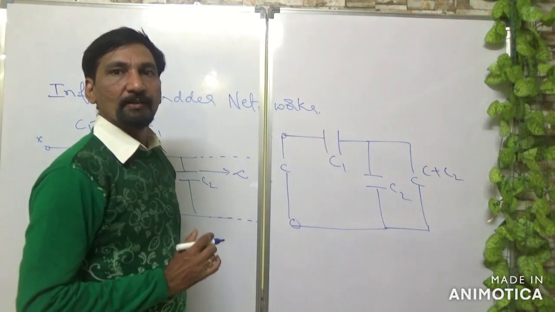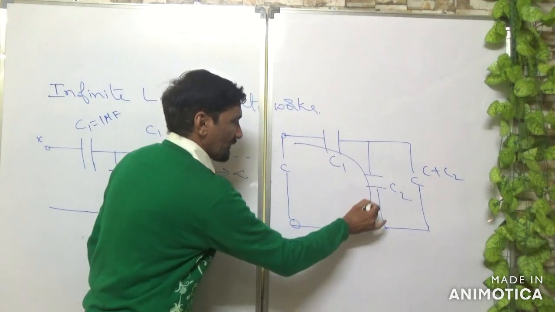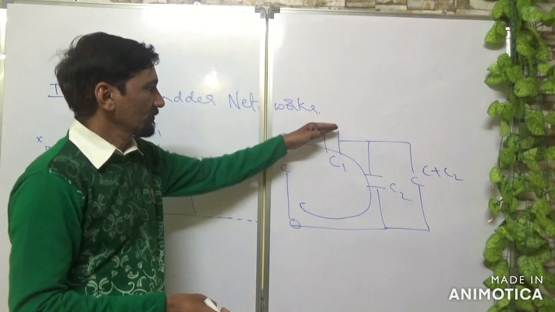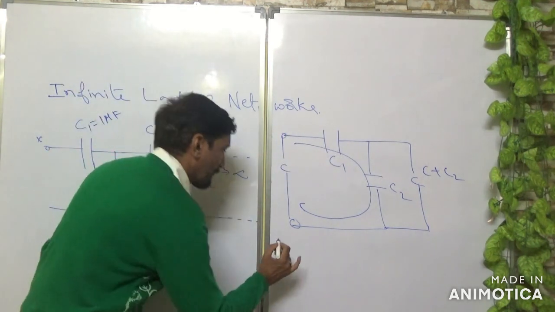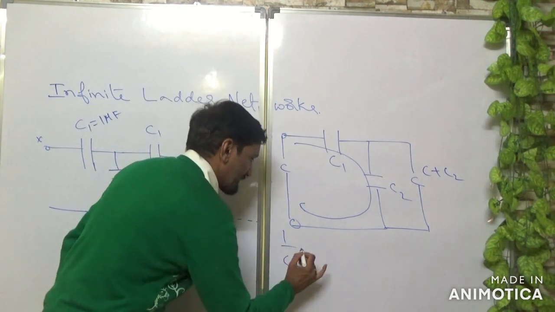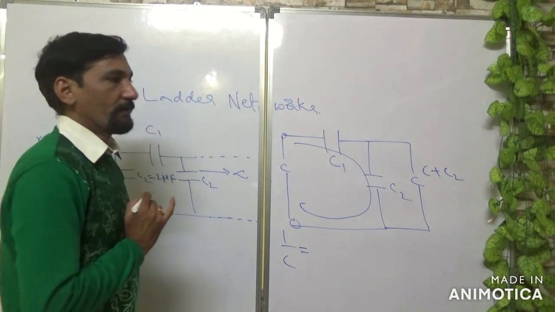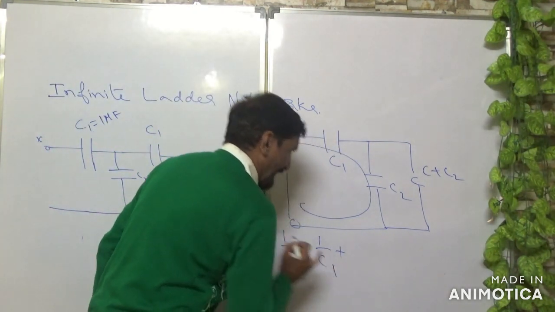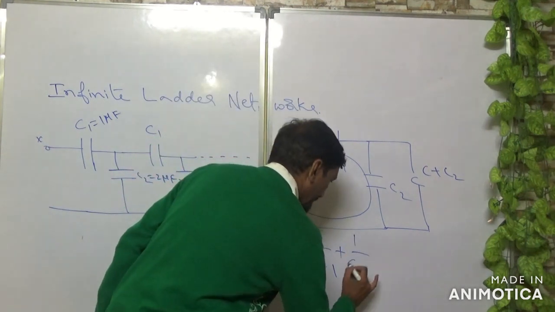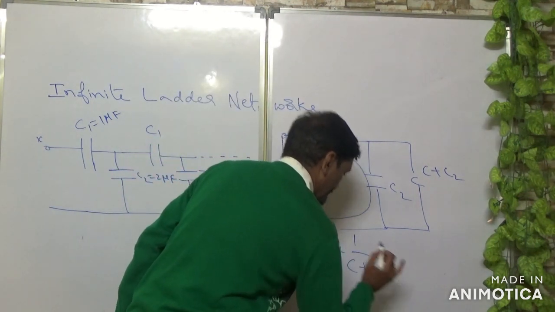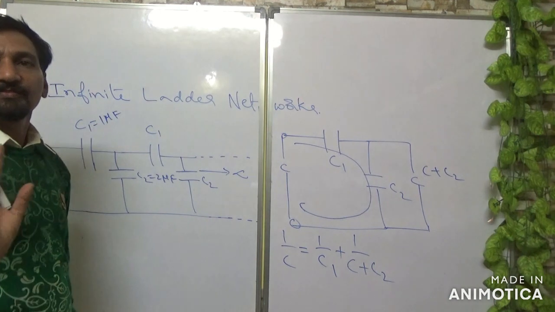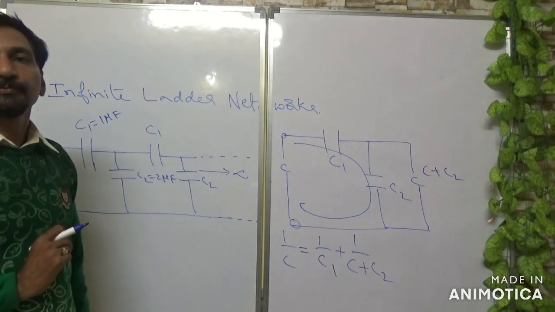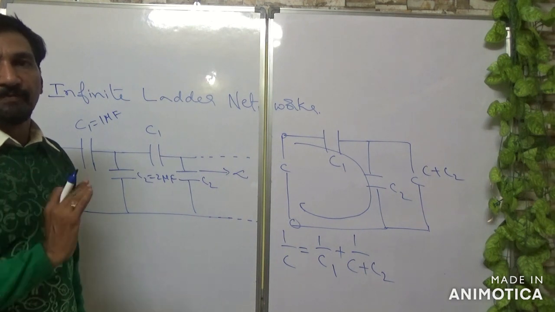This is C1. Now if you notice, these are again in series combination. So 1 by C is equal to 1 by C1 plus 1 by (C plus C2). That's all. You put in the C1 and C2 values and find C. Very simple.